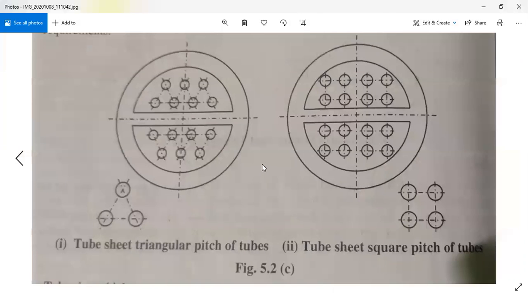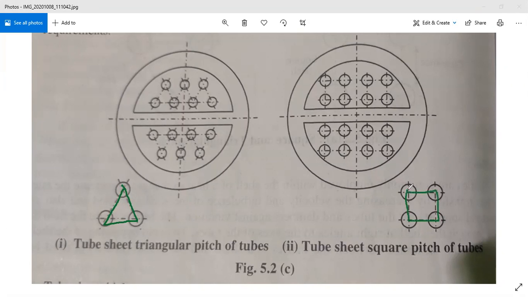Then, how the tubes are arranged in the tube sheets. There are two possibilities which are popular in industries, that is the triangular pitch arrangement or the square pitch arrangement.